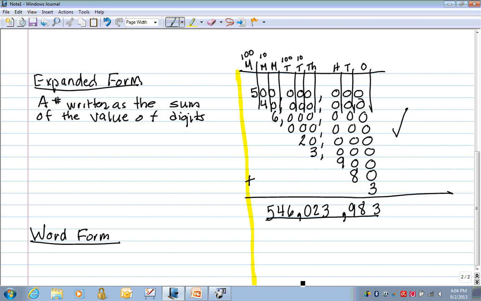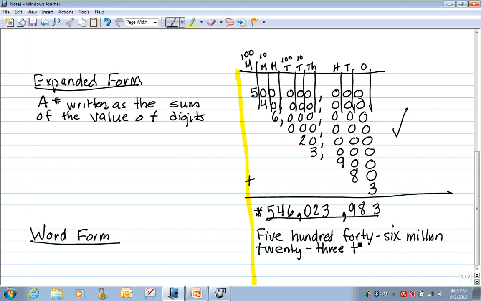So, using the above example, this number up here, to write in word form would be 546, and that's in the millions house, so we're going to write million. 23,000. 983.